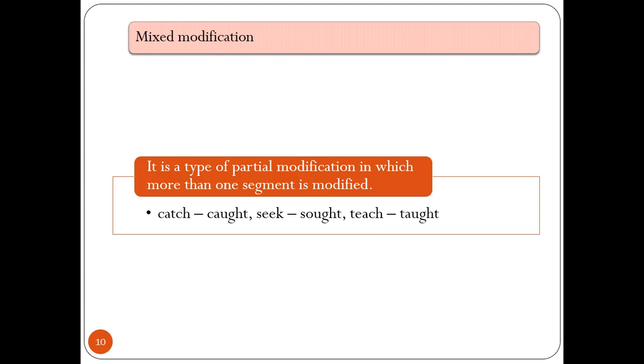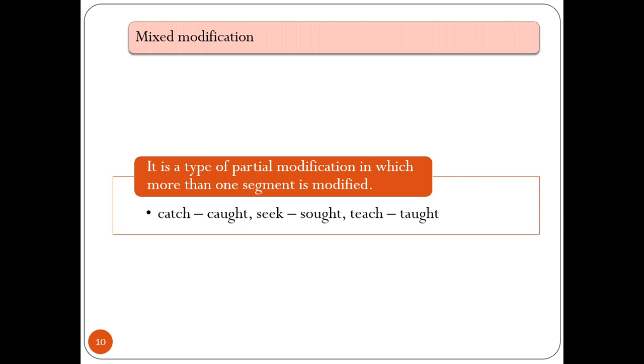That's what we have. Then we have mixed modification. It's a type of partial modification in which more than one segment is modified. Earlier there was just one segment in vowel modification and consonantal modification where the modification took place. But here we have more than that.